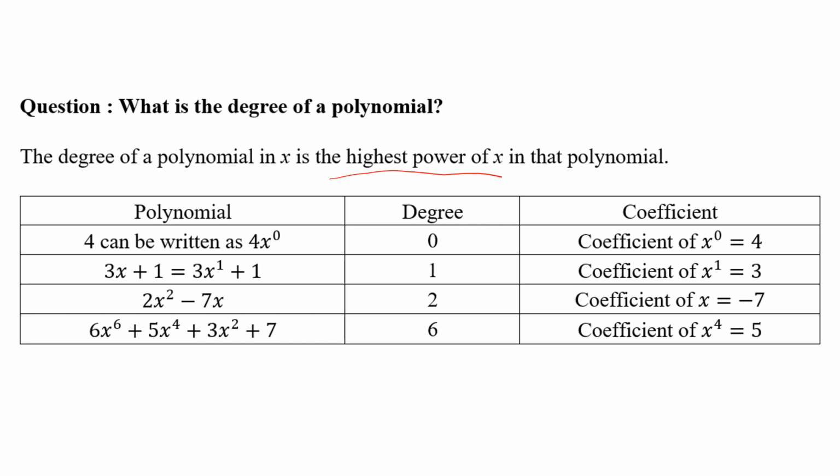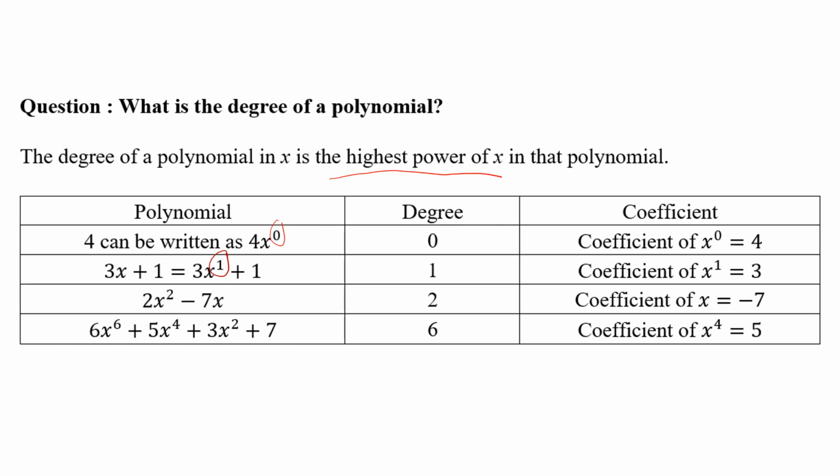Therefore, the highest degree here is 0, so 4 is a polynomial with degree 0, and the coefficient of x to the power of 0 is 4. If you look at the second example, 3x plus 1, you can write it as 3x to the power 1 plus 1. Therefore, this is a polynomial with degree 1, and the coefficient of x is 3. If I ask for the coefficient of x to the power of 0, then it will be 1.